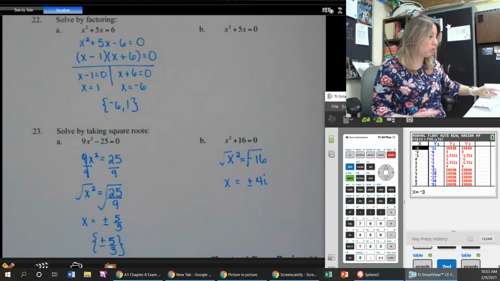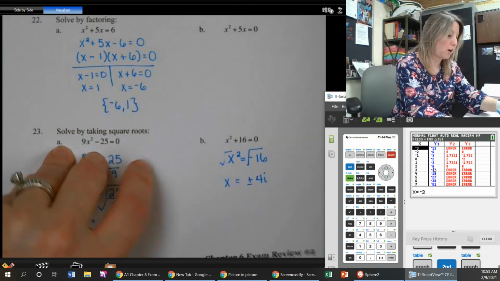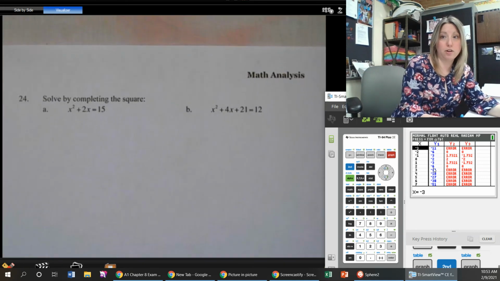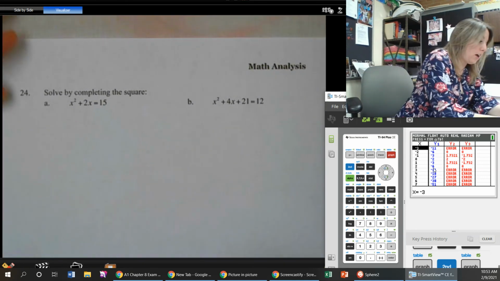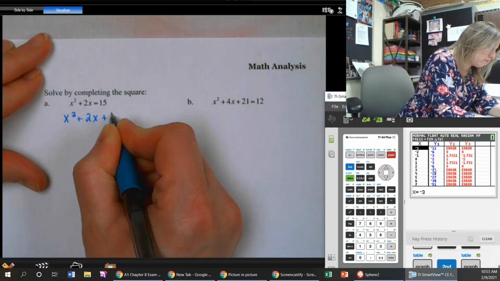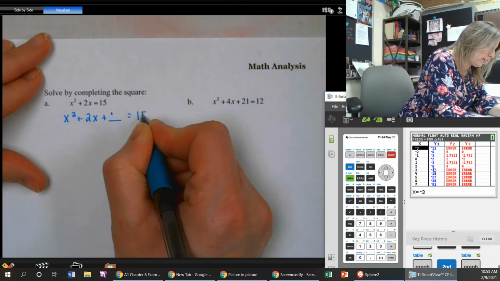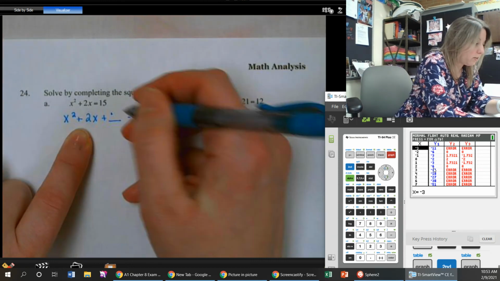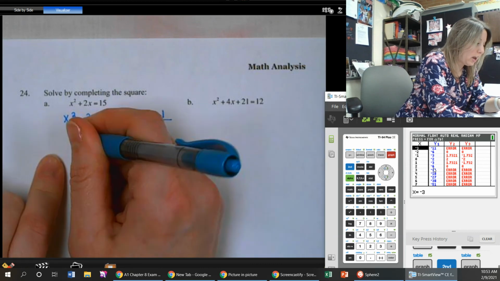Now, last but certainly not least is completing the square. When you complete the square, you want your x squared and your x term alone, and then you can add to both sides. And 2 divided by 2 is 1. 1 squared is 1. That's how I know what to add to both sides.